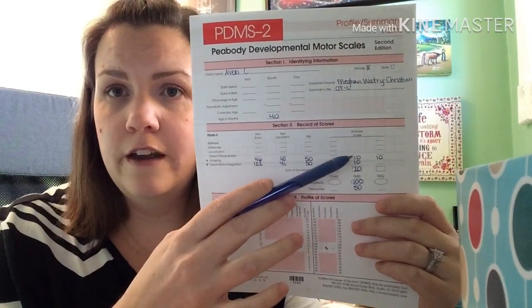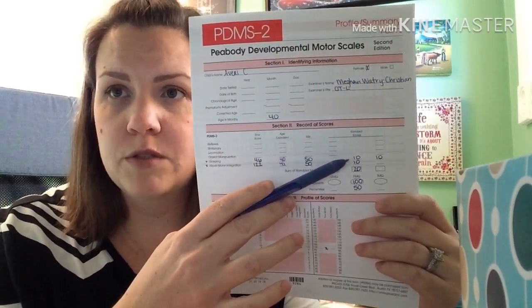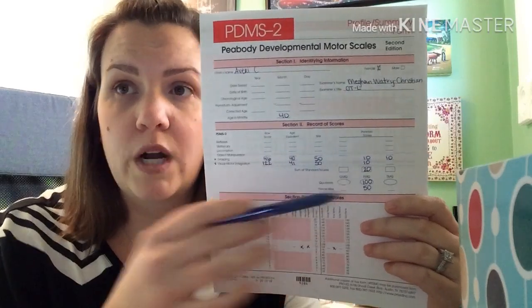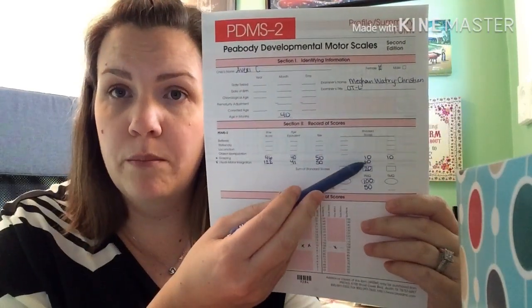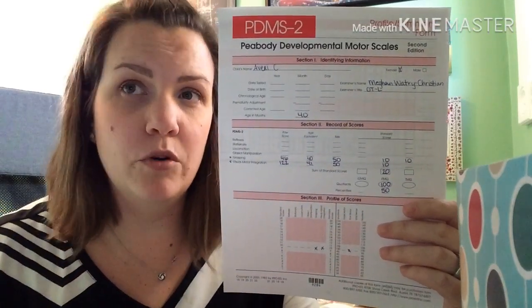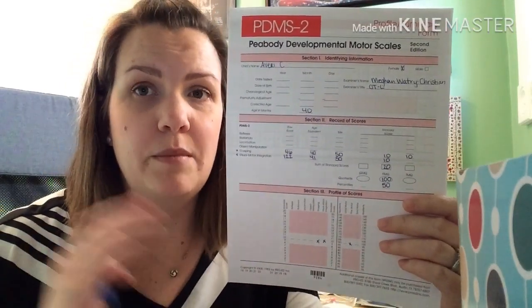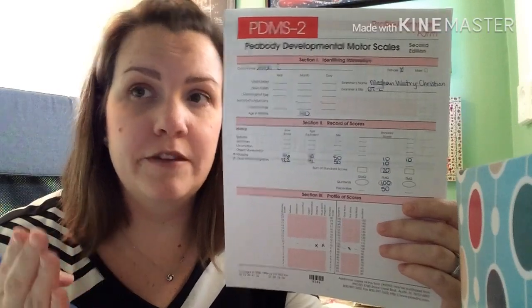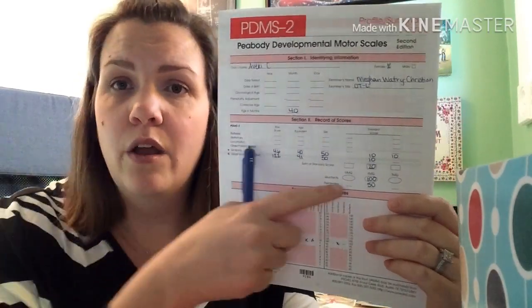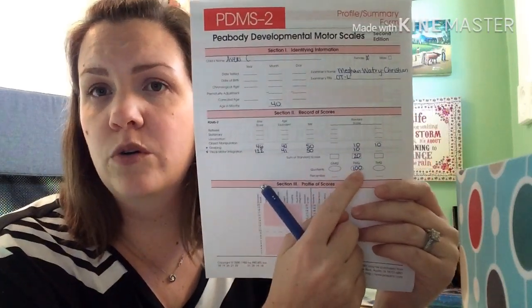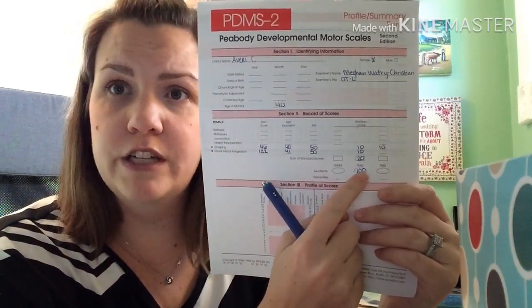So think here for a second, if say my grasping standard score had been 5, and in visual motor integration, maybe that standard score was a 15. So she scored really low in one, really high in another. We would still get this fine motor quotient of 100, saying that she's at average.